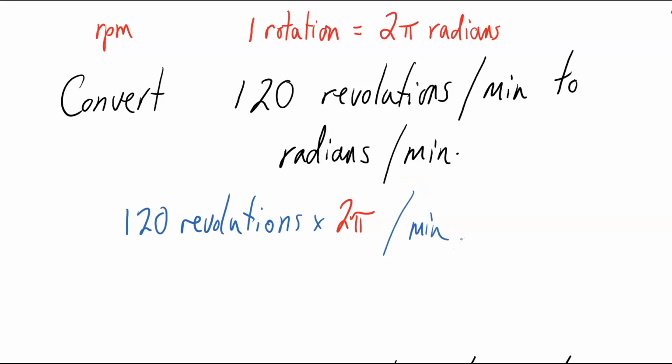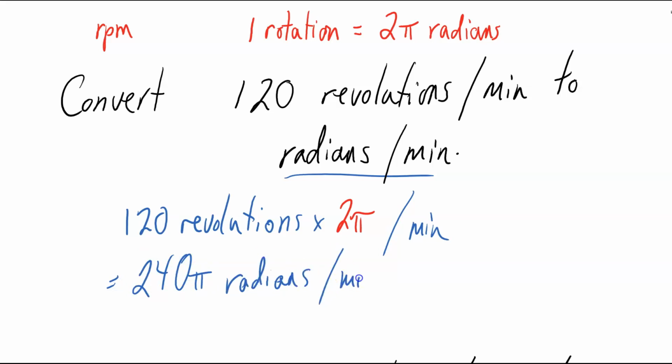I'm not changing the time yet. That will put it into radians per minute, so this will be equal to 240 pi radians per minute. If you want to see that as a decimal, 240 times pi is about 754 radians per minute.